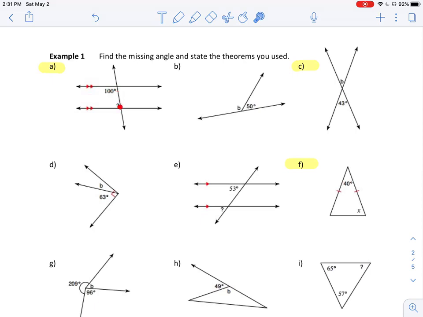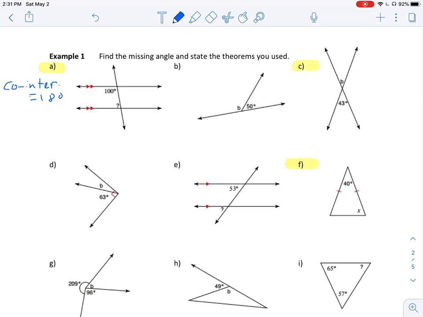Well, I know that I can use my co-interior or my C pattern, and when I add those together, it has to equal 180. So I'm just going to go co-interior is equal to 180.